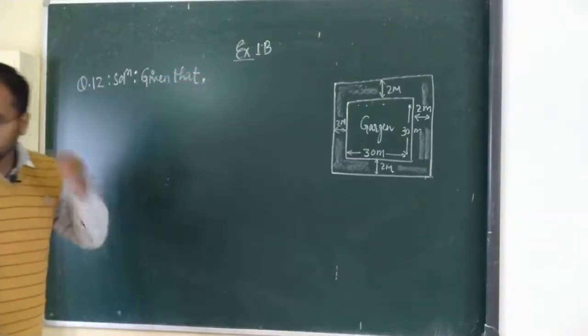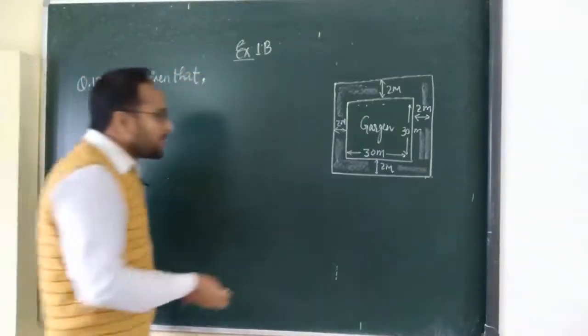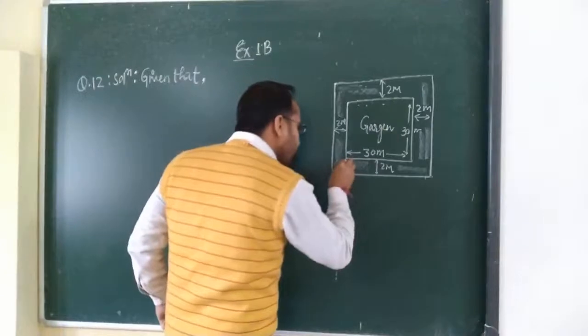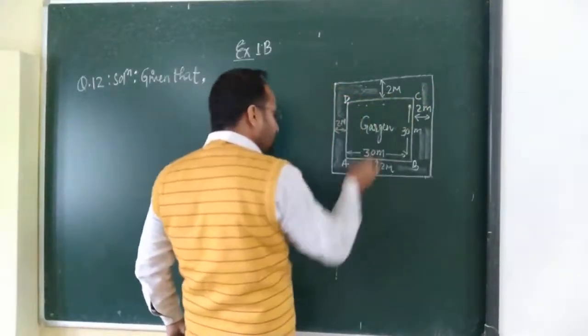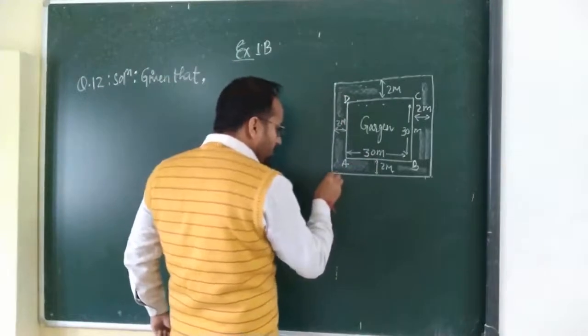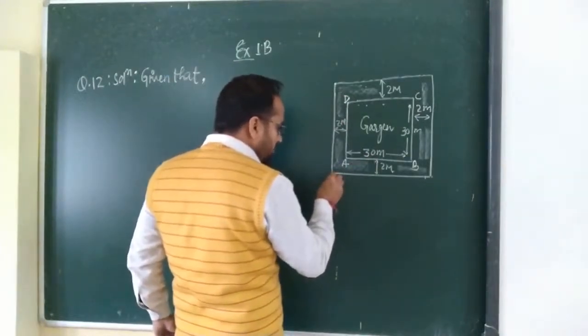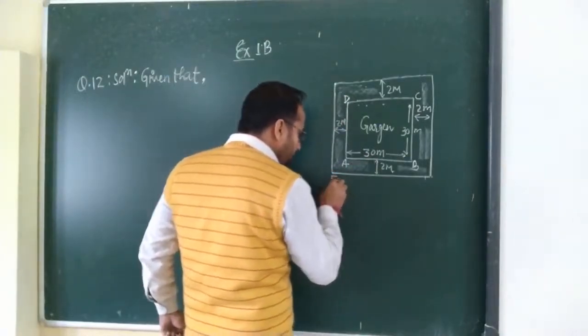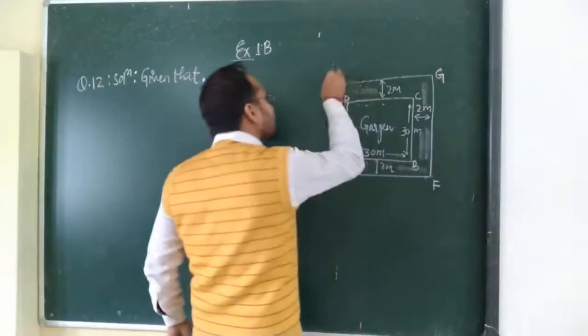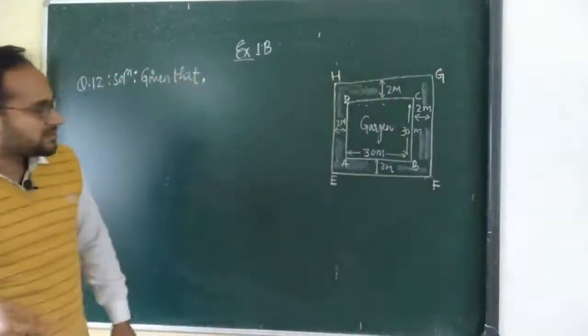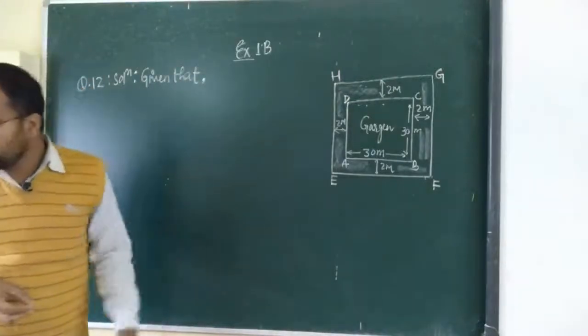If you want, you can write the names also. This one is A, B, C, D, and this one, if you want, you can name E, F, G, H. E, F, G, H is the name of this field.